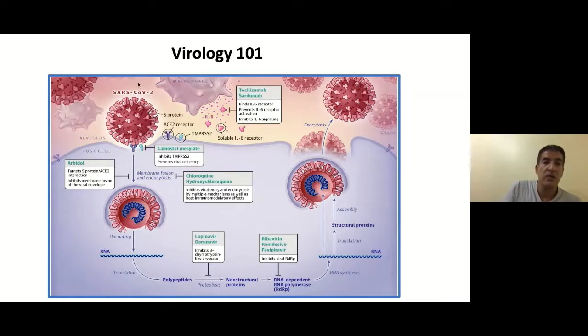Second, ACE2 receptor is only fully expressed in humans after the age of 20. That's why you don't see this disease frequently in kids and teenagers, and whenever they get it, they usually get the mild form.